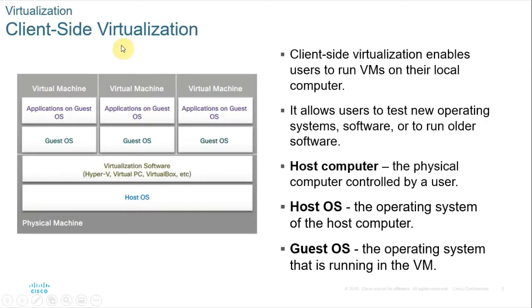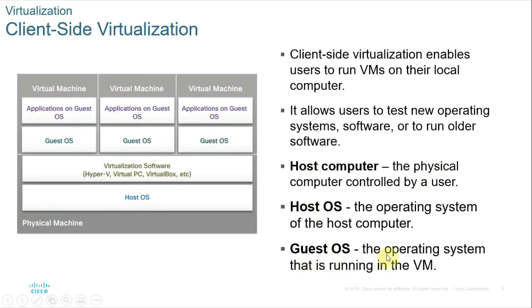It is a tendency for the user to install any kind of operating system. We have the host computer, which is nothing but the physical computer controlled by the user. Host OS is the operating system of the host computer. If you try to install Linux, that is the host OS in your system.